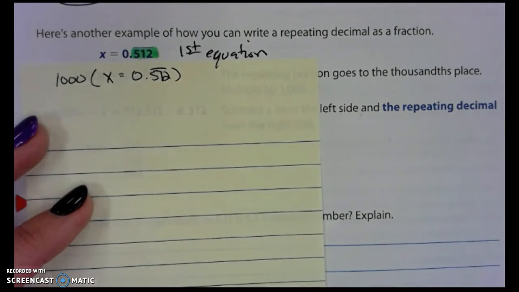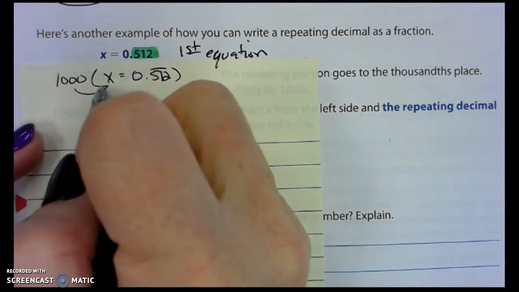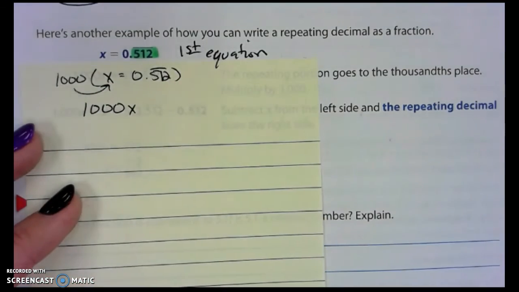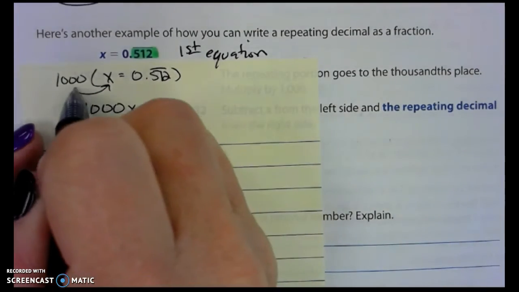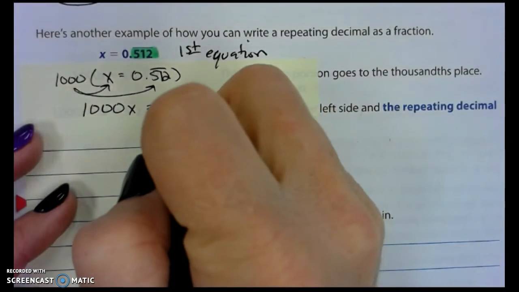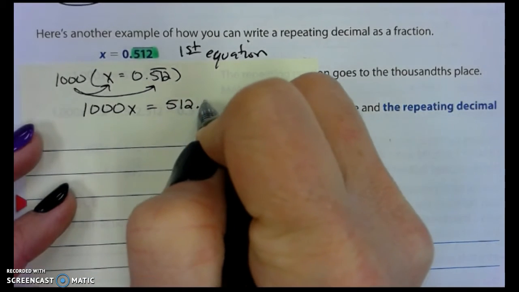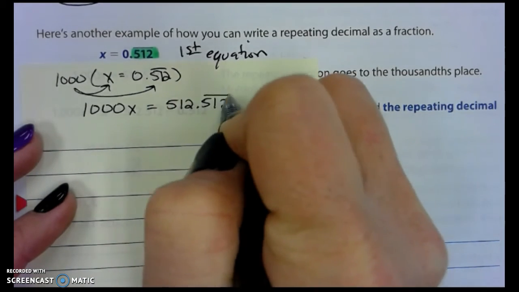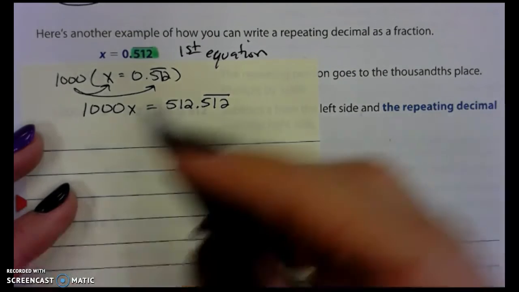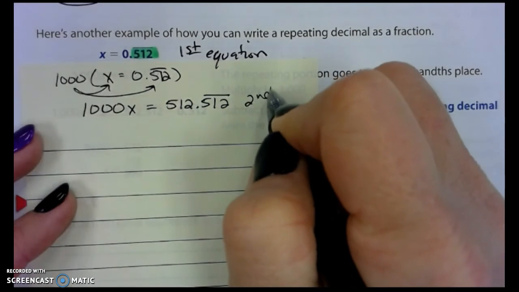We're multiplying both sides by 1,000. So we'll have 1,000 times x is 1,000x. And we'll have 1,000 times that 0.512 repeating, which becomes 512.512 repeating. And that gives us our second equation.